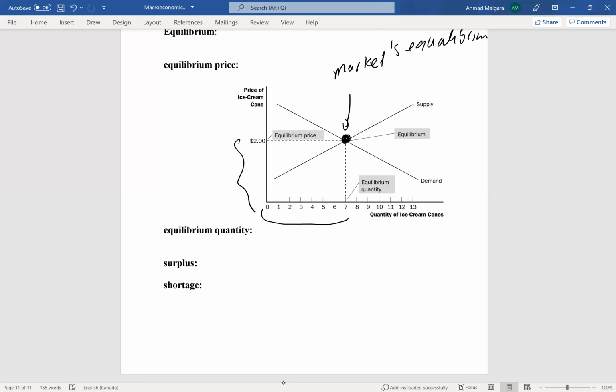A surplus is a situation in which quantity supplied is greater than quantity demanded.